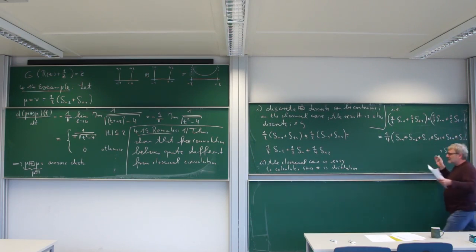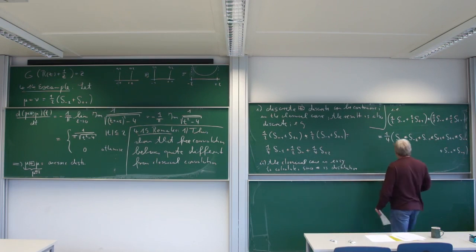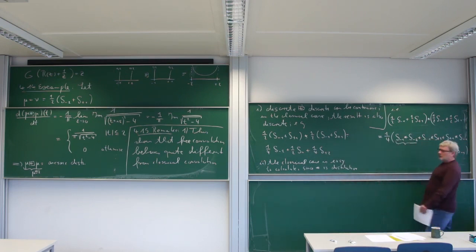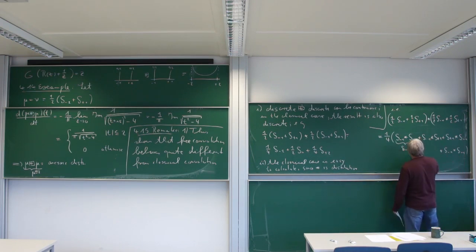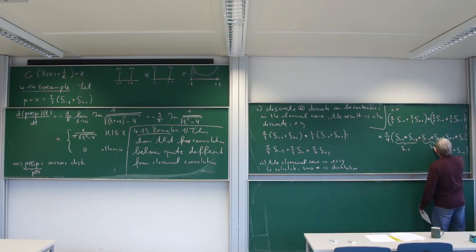And of course now I'm getting exactly the four possibilities which are counted here. The convolution of delta functions, of course, is also something which is clear. So this is delta minus 2, this is delta 0, this is delta at 0, and this is delta at 2.